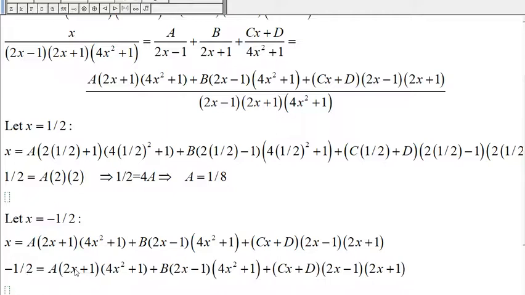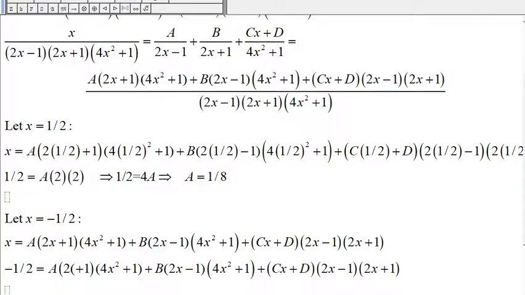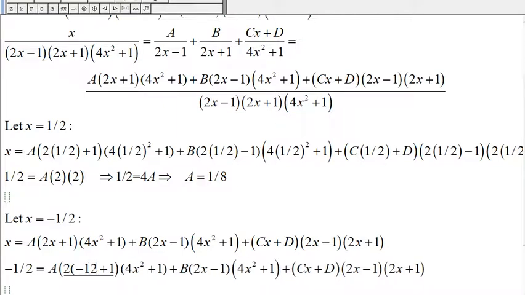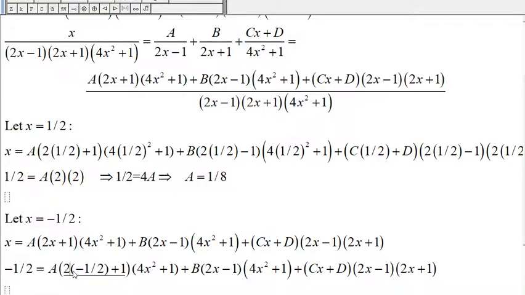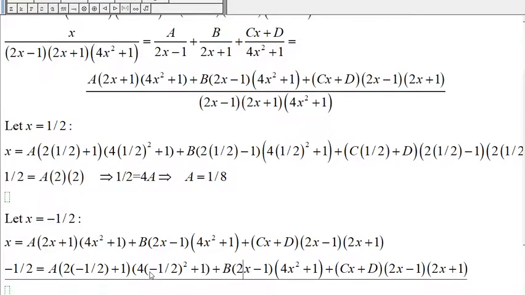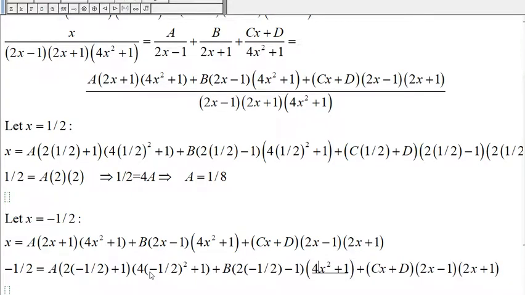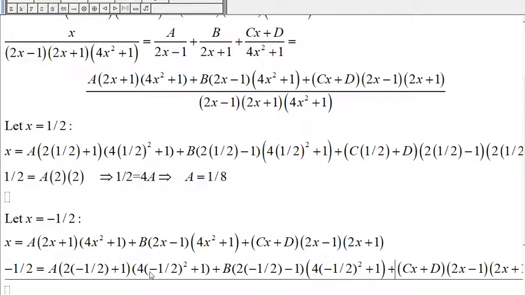In the place of this x, we put negative 1/2, and then right here we put negative 1/2.